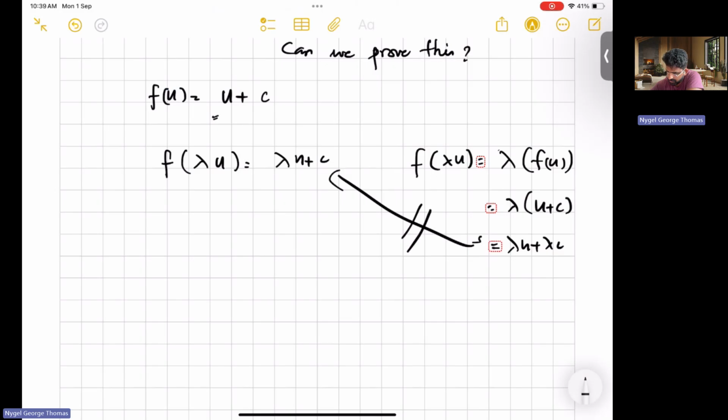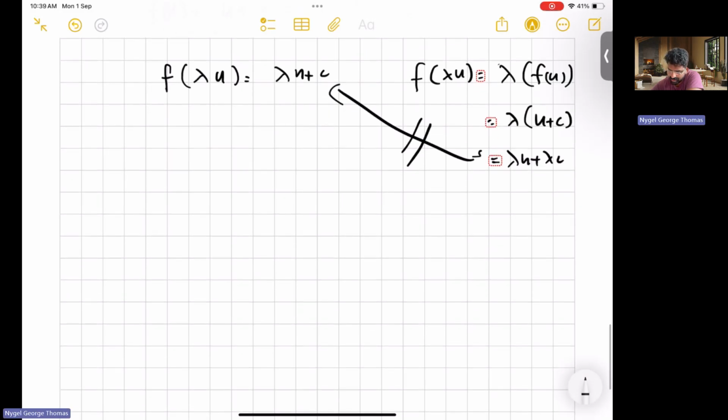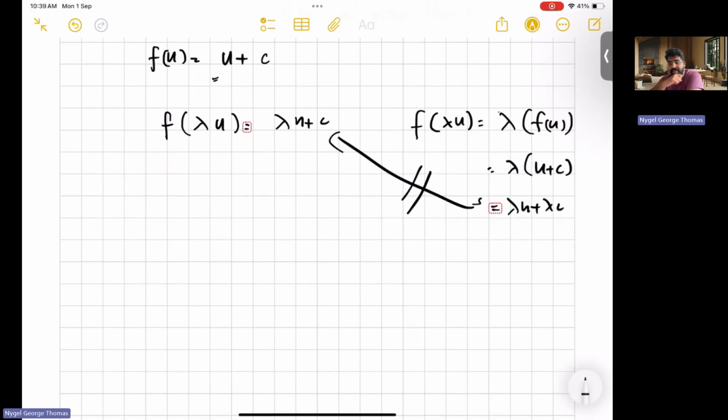These are not equal. So what does that mean? If you have a translation, I mean, translation by a constant, we have shift by a particular constant. It's not a linear transform. Interesting, right? So this is not a linear transform.